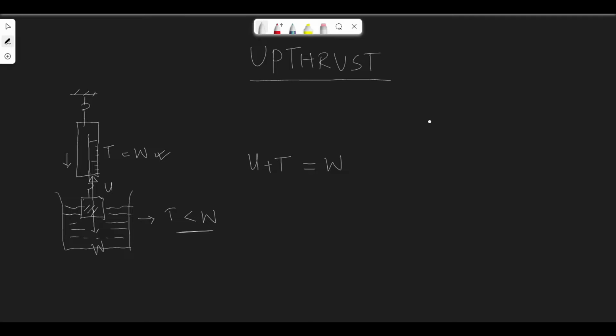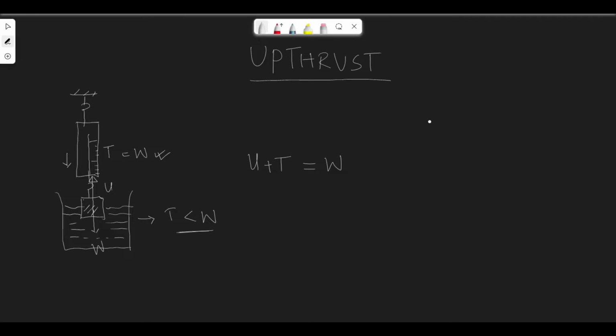So at first, when it was not submerged in water, whatever tension value we got, we called it the weight. And now when it is in water, we observe the tension value decrease from its initial value. So we reason why this value decreased.